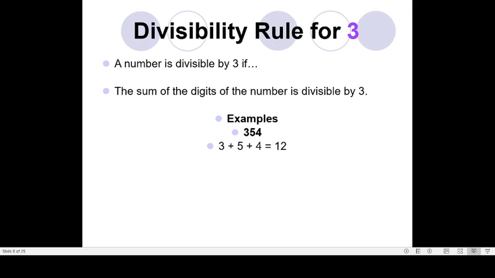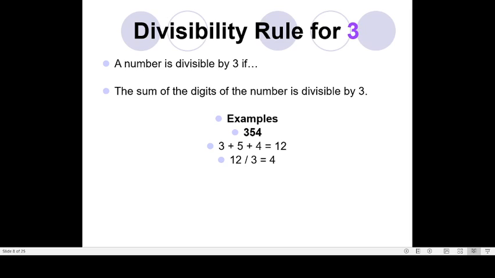So let's add it. 3 plus 5 plus 4 equals 12. Now we know that 12 is divisible by 3 and there is no remainder. If we divide 12 by 3, 4 is the quotient and the remainder is 0. So therefore we can say 354 is divisible by 3.